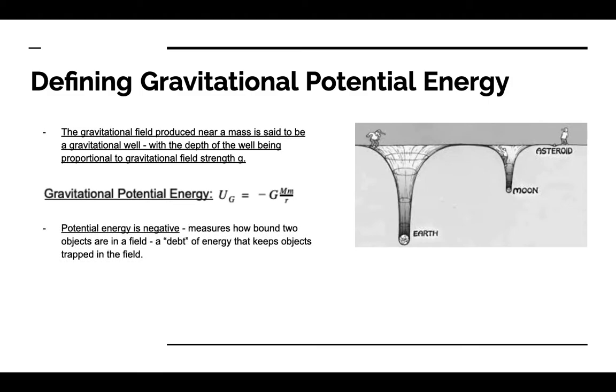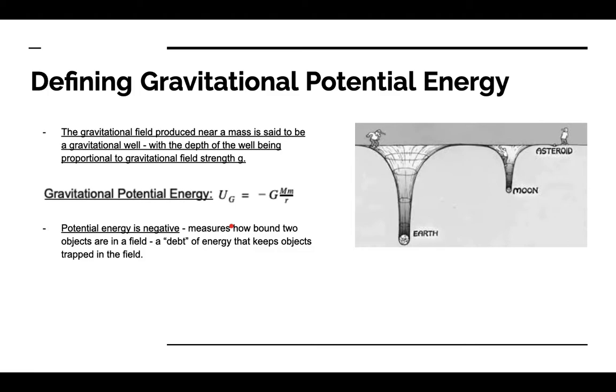Okay? So the big thing you may notice here is that the gravitational potential energy is negative. Why is our gravitational potential energy negative? The reason is that the gravitational potential energy measures how bound two objects are in a field. It measures the amount of energy stored between two objects in this gravitational field.